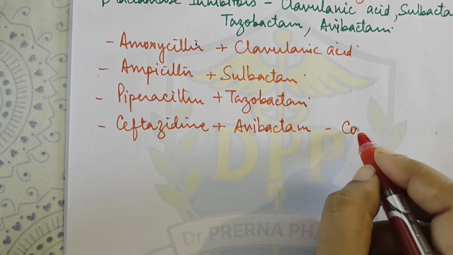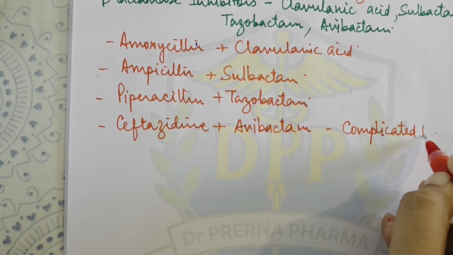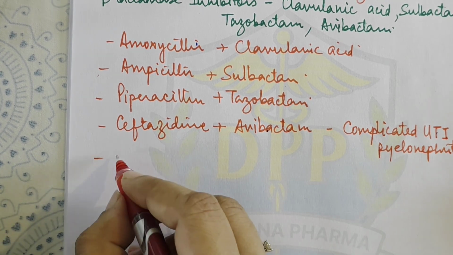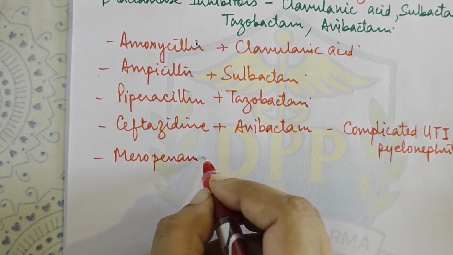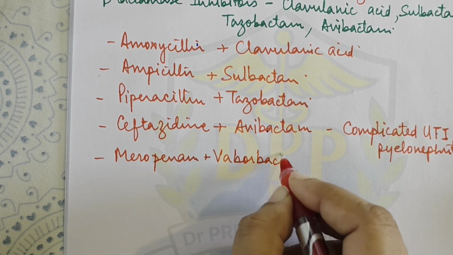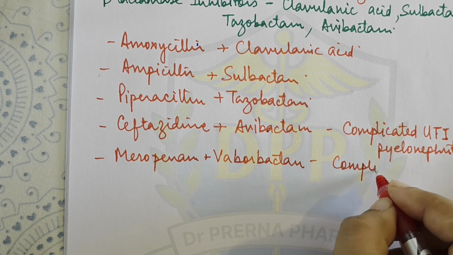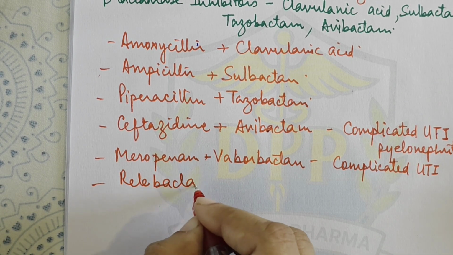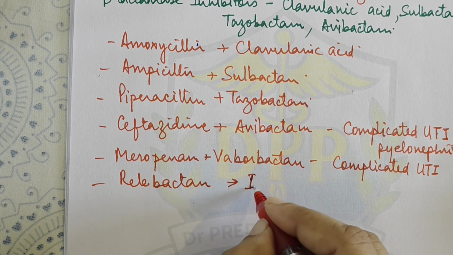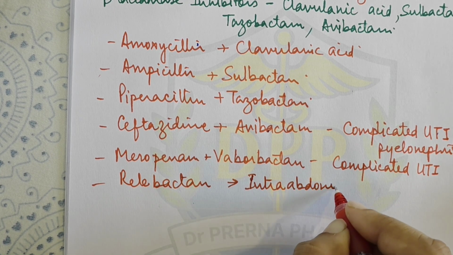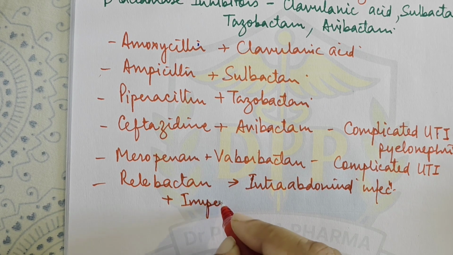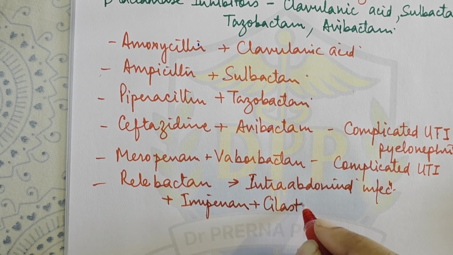It is approved for complicated UTI and pyelonephritis. Then meropenem with vaborbactam is a new combination used for complicated UTI, and relebactam is approved for the treatment of intra-abdominal infections. It is used in combination with imipenem plus cilastatin.